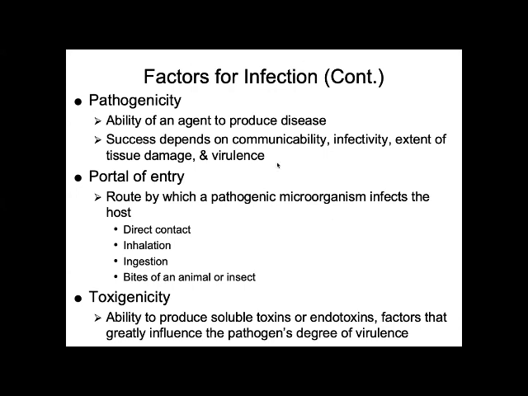That's critical, right? If you've been already exposed to the pathogen and you get a secondary exposure to the pathogen, we already know from adaptive immunity that you're likely not going to get sick unless it's a strain that you haven't encountered before. Toxigenicity is just the ability to produce soluble toxins or endotoxins, which are factors that greatly influence the pathogen's degree of virulence.